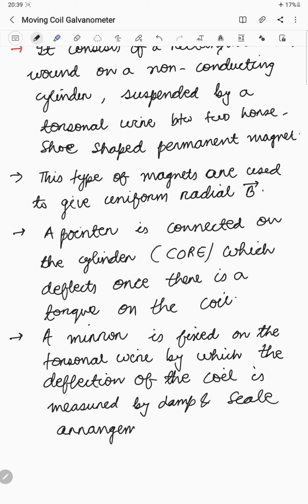Okay, so this is all about the construction of this moving coil galvanometer.